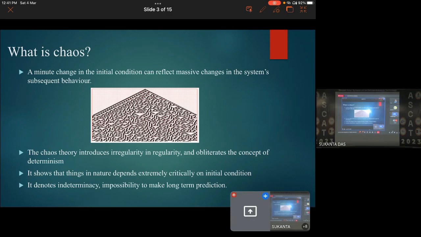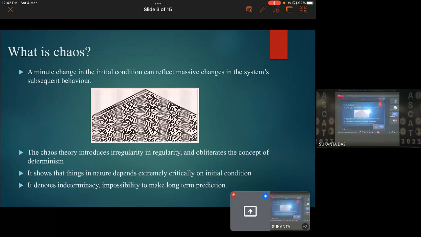In chaos, when we add one piece of information to a stable system, this minute change in the stable condition can reflect massive changes in the system's subsequent behavior. There is a very famous statement, Lorenz's butterfly effect, which says that a butterfly flap in one place can result in a tornado in some other place. From this we can understand that a minute change in initial condition can reflect massive change in the system's subsequent behavior. So chaos theory introduces irregularity in regularity.